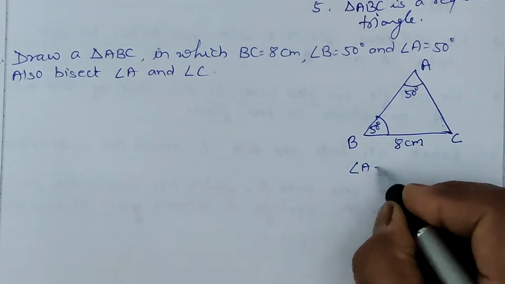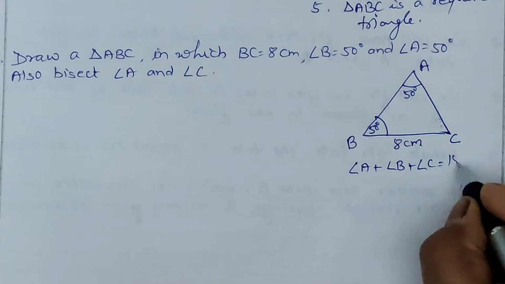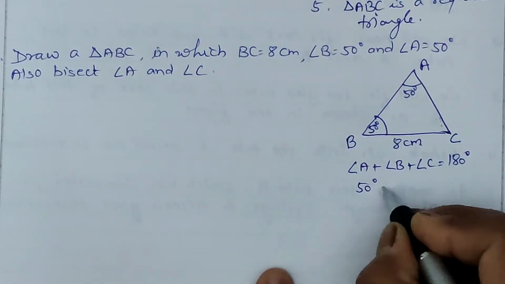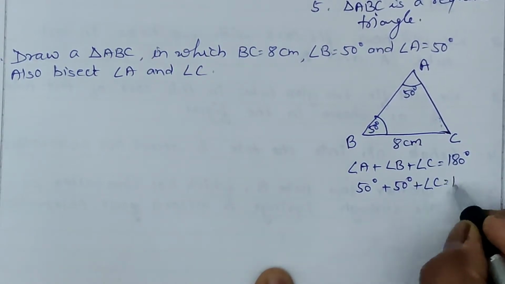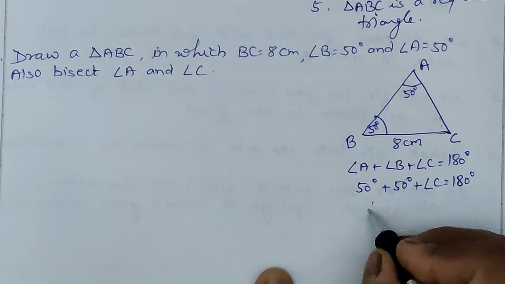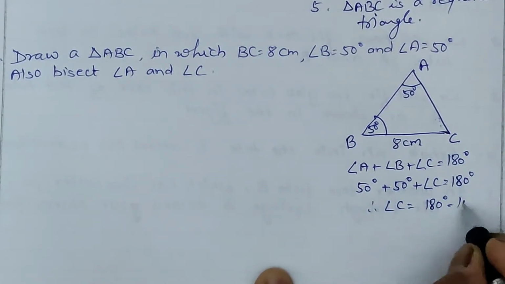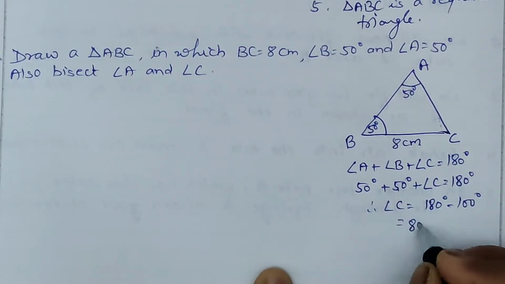Triangle sum property: angle A plus angle B plus angle C equal to 180 degree. Okay. Angle A is 50 degree, B is 50 degree and C, angle C equal to 180 minus 100. 50 plus 50, 100, equal to 80 degree.